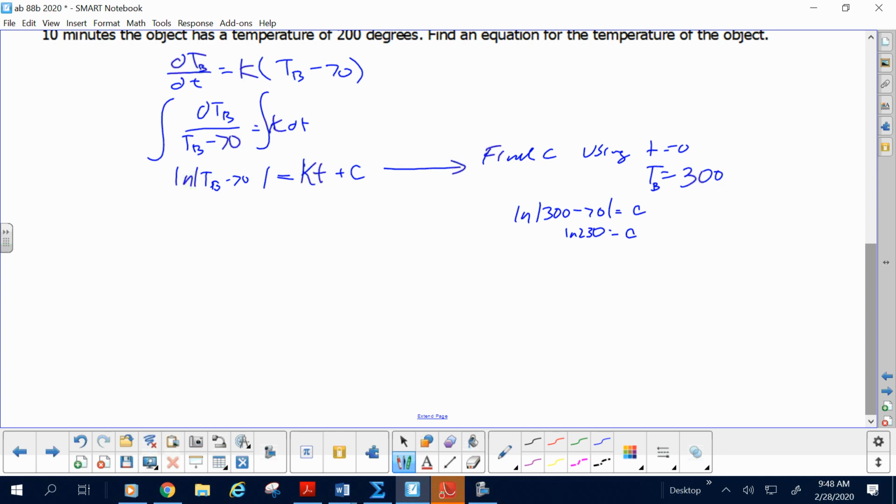Once you know there's a positive in there, you don't have to keep the absolute value. It's not doing any good. Okay? Now let's go back and say, all right, natural log of T sub B minus 70 equals KT plus log of 230. Are you down? Now you actually have two constants.